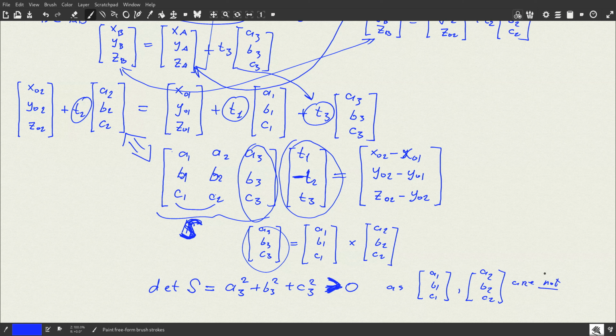are not collinear. Well, or maybe they are collinear. If they are collinear, then it is a degenerate case.